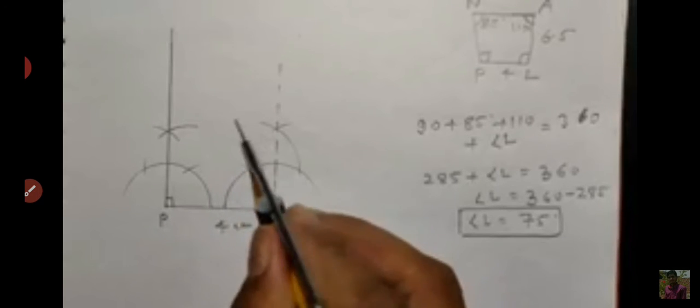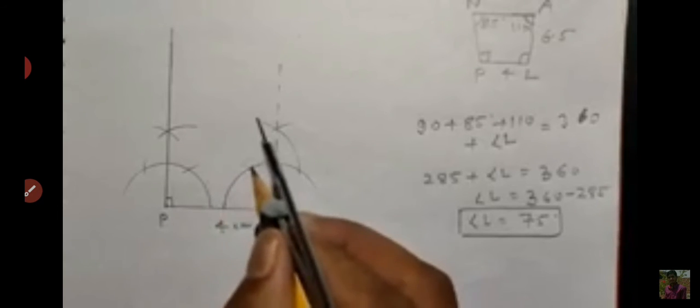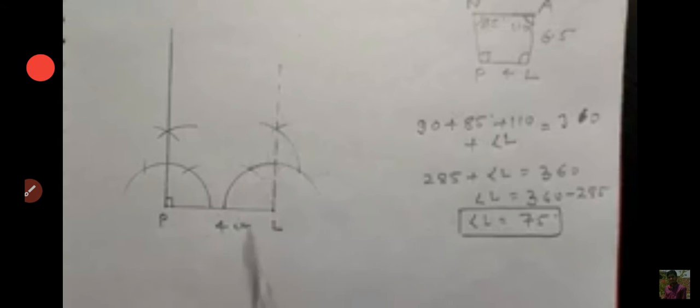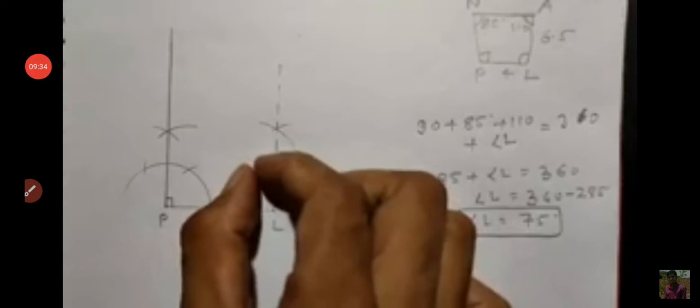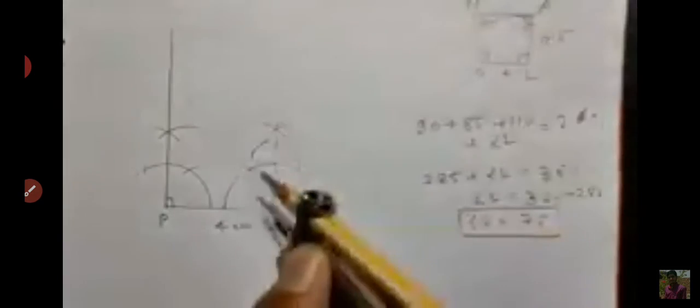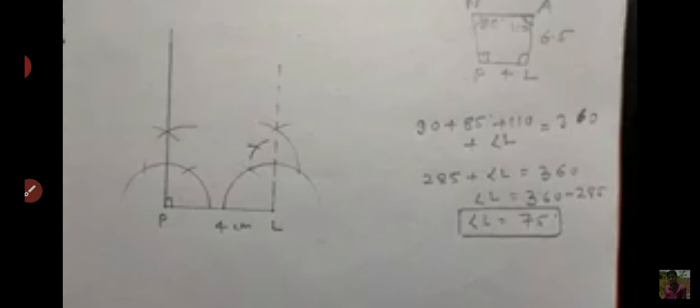Okay, so we draw 60 and 90 and in between them 75 degree. Okay, draw it. Okay, now we have to draw. Okay, this is our 75 degree. Understand? Now draw the line, a solid line. Okay, this is our 75 degree angle.